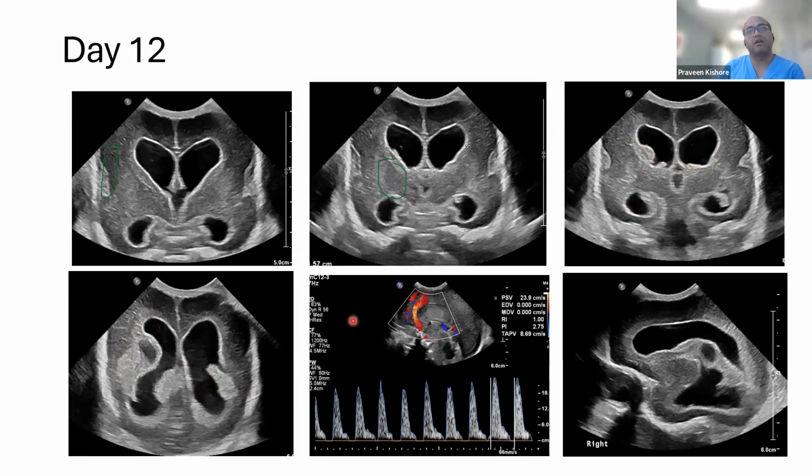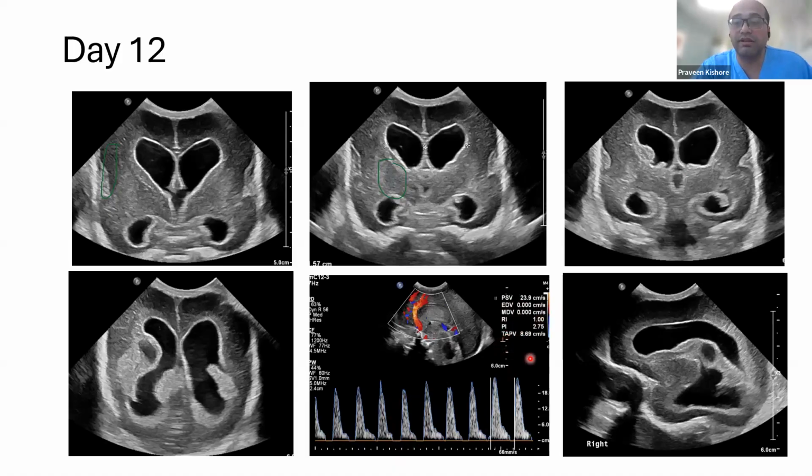We talked about RI, if you remember, how a developing PHVD can affect cerebral perfusion. So you can see that there's pulsatile flow here. Systolics are high, but you can see absent end diastolic flows here. And that is giving rise to a resistive index, which is quite high, 1.